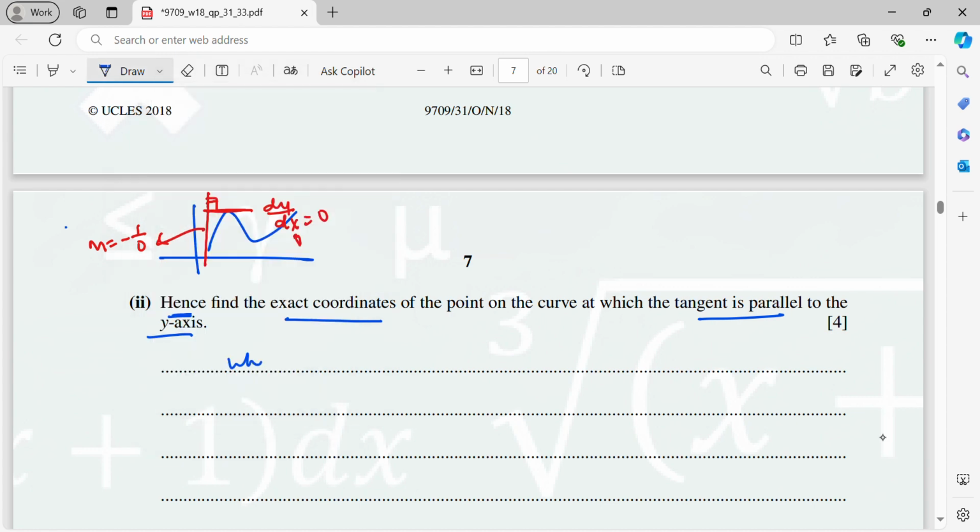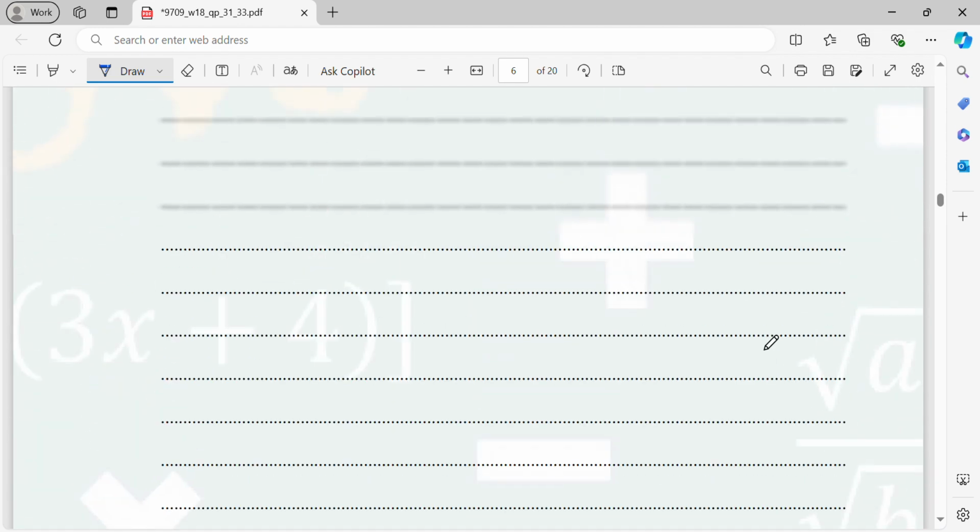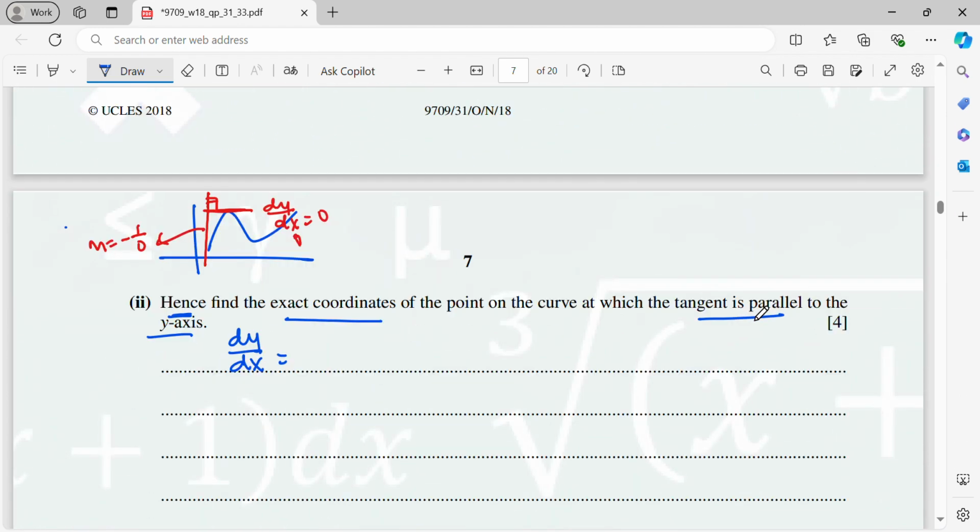So now I will just write when the tangent, or probably I copy down the dy dx first. So dy over dx from the previous part, that was negative sine theta plus sine 2 theta over cos theta plus cos 2 theta. Okay, so now when the tangent is parallel to the y-axis, because when the tangent is parallel to the x-axis, the numerator equals 0.